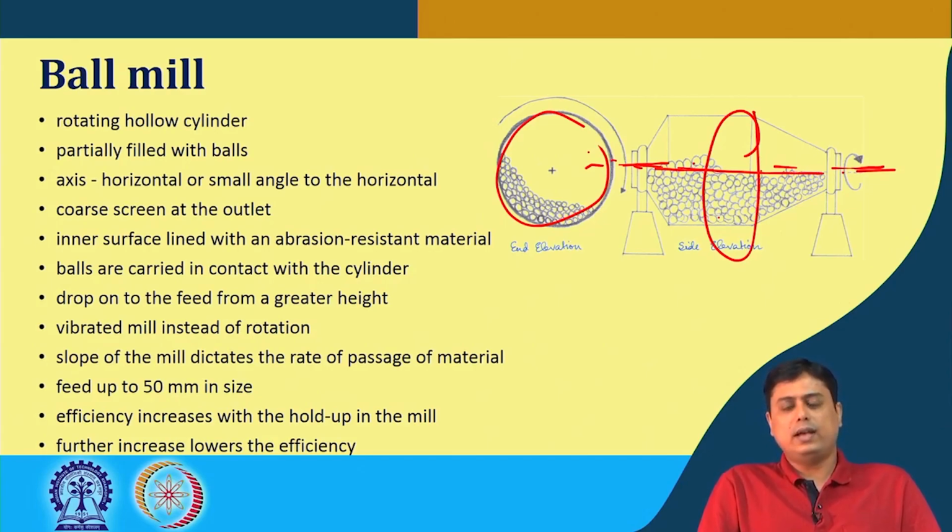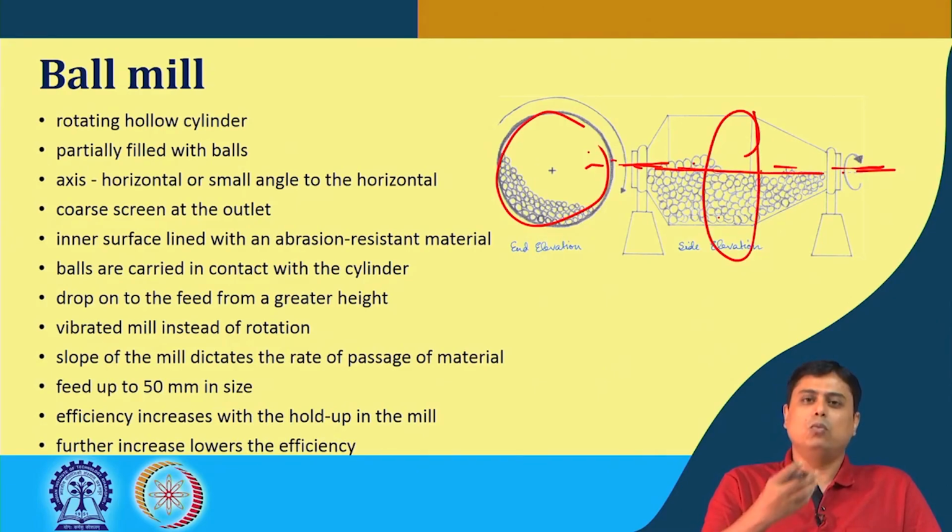Now, it also has to be remembered that the inside wall and the balls should have a high coefficient of friction. This coefficient of friction should be such that the balls can stay in contact with the rotating wall, so that they can go to the uppermost position, or the maximum level, and fall from there.